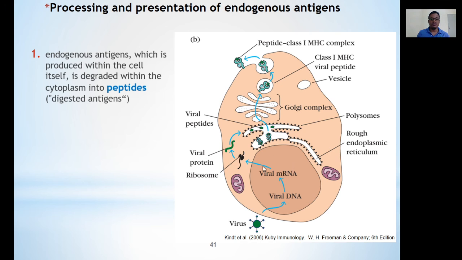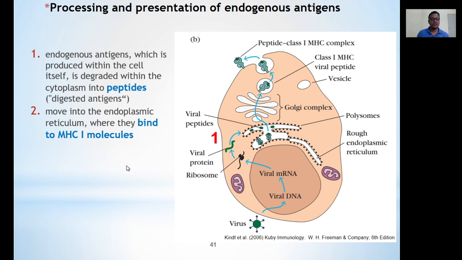When the nucleus orders the cell to produce more viral proteins, the cytoplasm will degrade the protein into peptides or digested antigen.